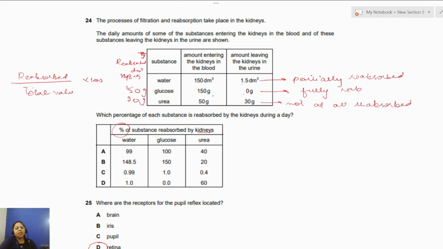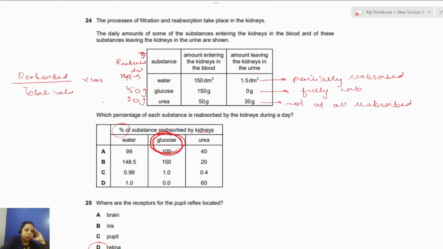The answer is A, because all glucose is reabsorbed, 100%. It's reabsorbed divided by total, into 100.